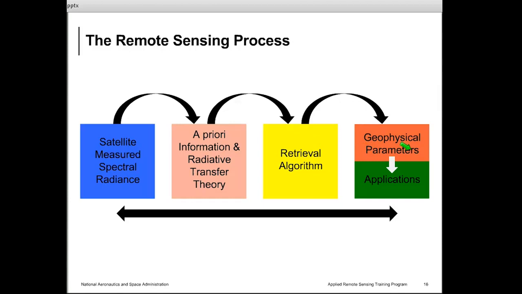So different products have different uncertainties or different errors from a specific satellite or a specific algorithm, which needs to be taken into account when we use these data sets. And depending on the product, we can apply them for different applications.